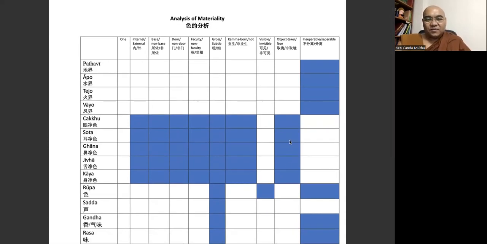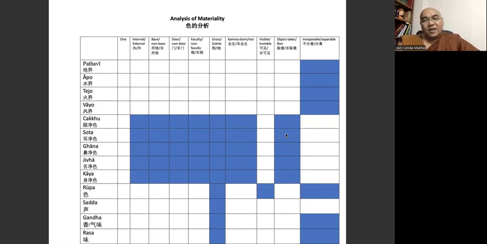Among these five also, Jaku and Soda, eye and ear, even though the visible object does not come closer to us, we can see. They can receive distant objects.